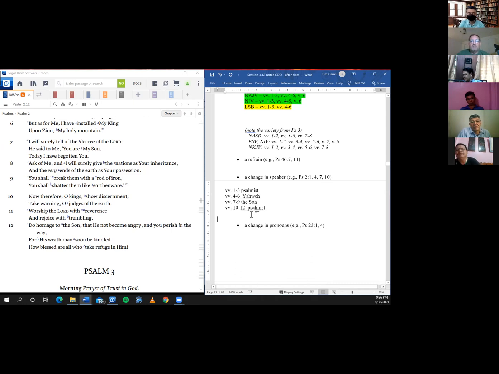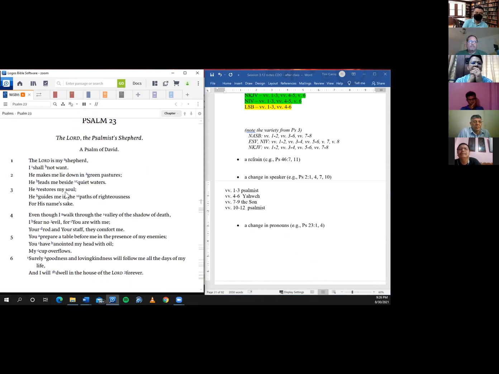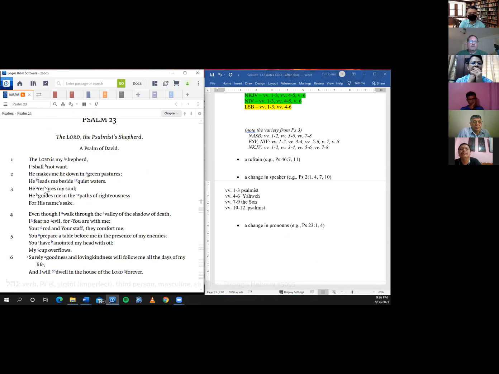Now, another thing to look for, sometimes we can see a change in structure or the stanzas by a change in pronouns. We see this in Psalm 23, actually. Notice that primarily the pronouns here, what are they in verses 1 to 3? He. Now, verse 1 is my and I. So this isn't completely different, but notice he, his.